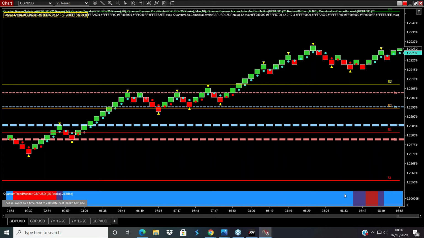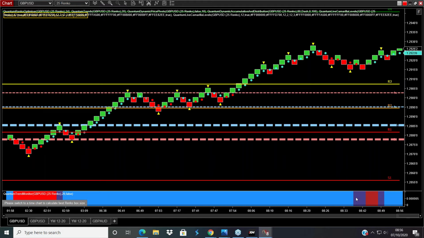This indicator here, which is the trend monitor, the way we suggest that you use the trend monitor together with the trend dot that you see here on a Renko chart is that you look for a confirmation of the bright color both in the dot and the trend monitor.